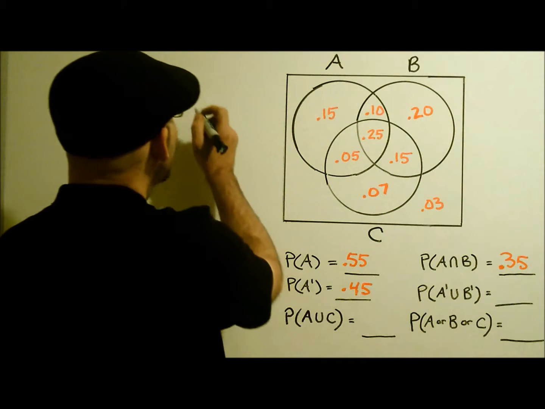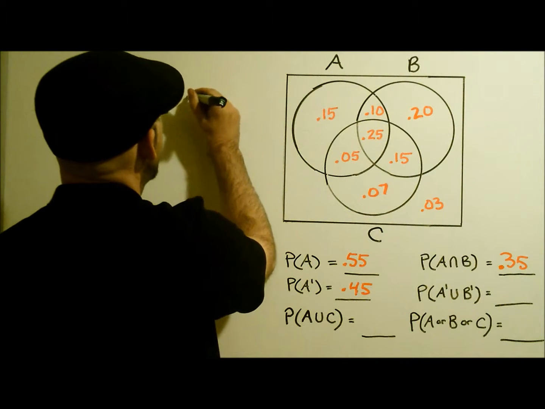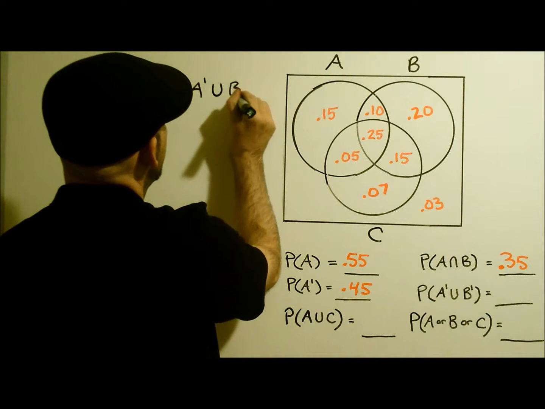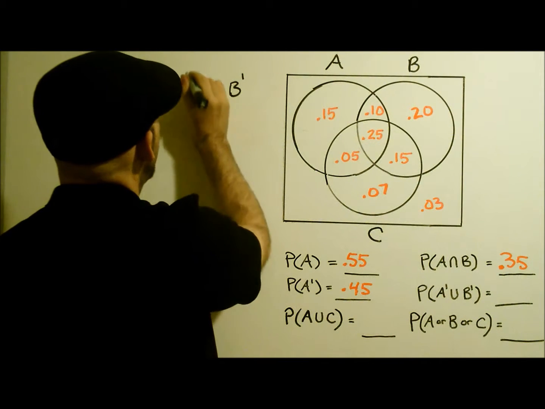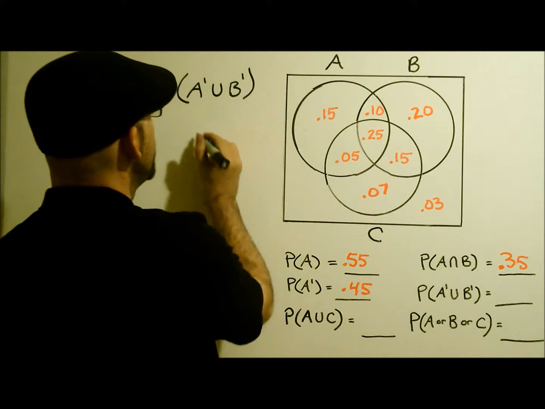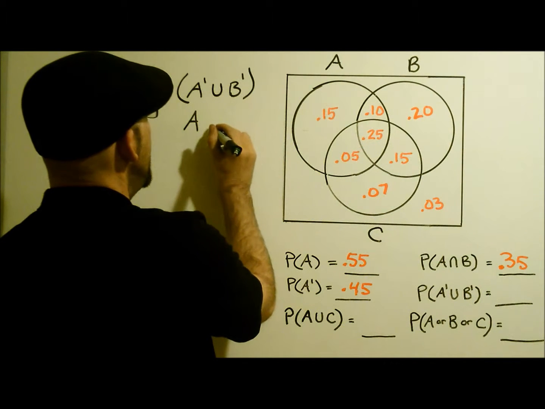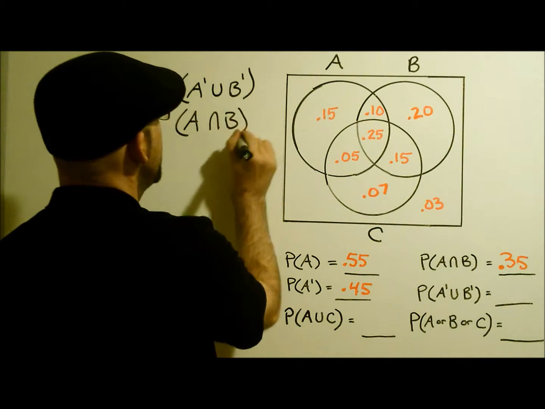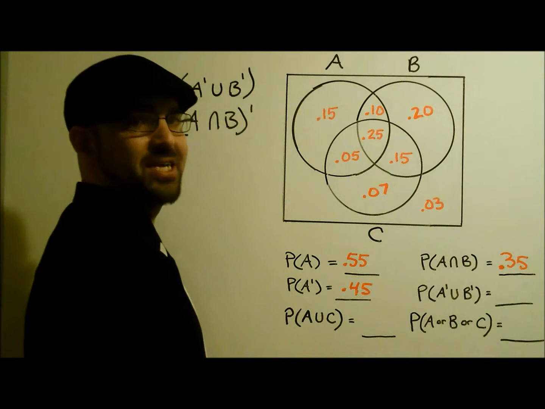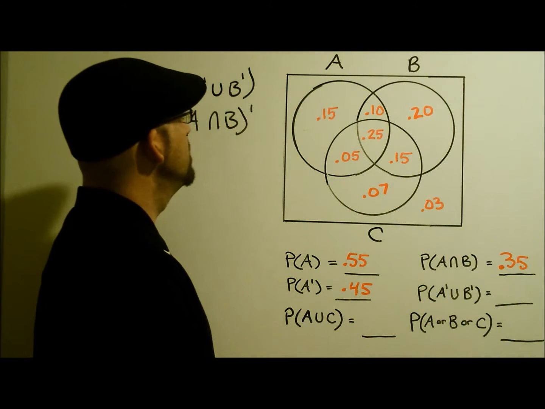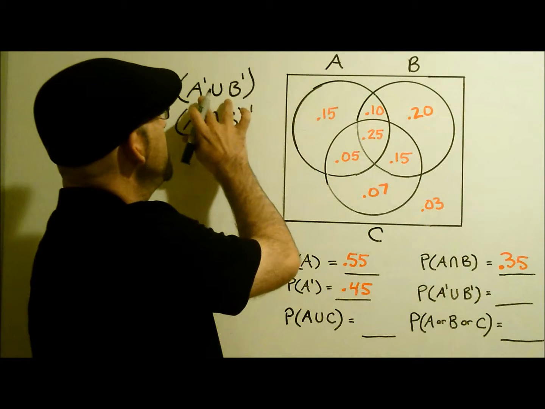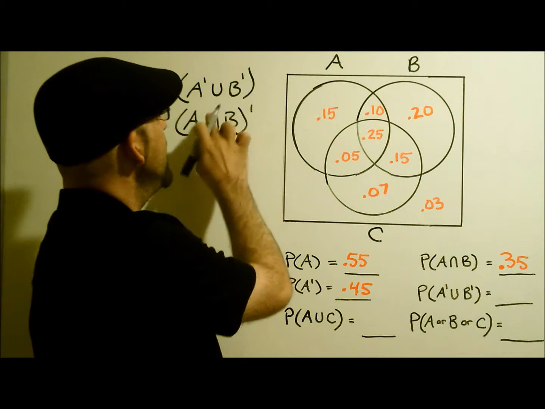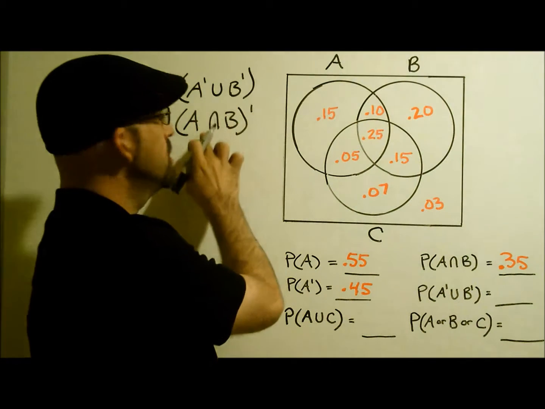The law of logic says that A prime or B prime will always equal (A and B) prime. That's a little bit easier to handle. Just notice that whenever you have two primes, you take one of the primes out and you change the or to an and.